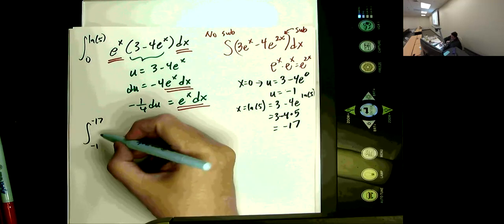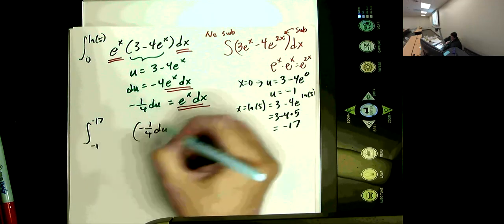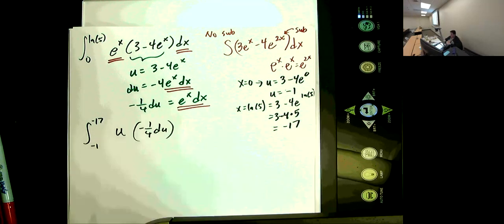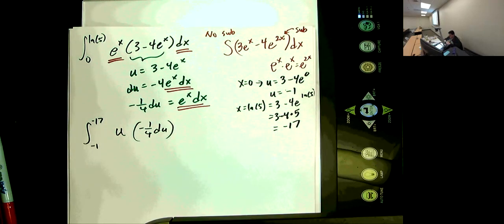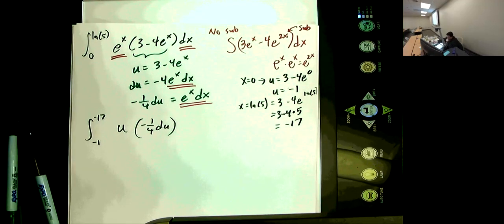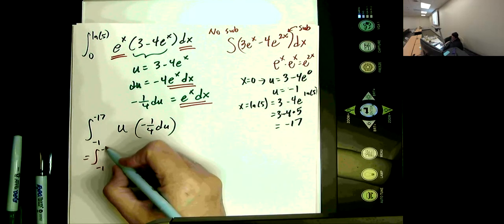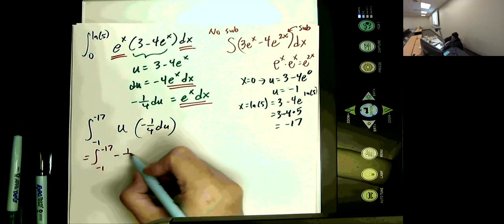I have -1/4 du there. That was my e to the x dx. And then I just have u. So -1 to -17, -1/4 u du.